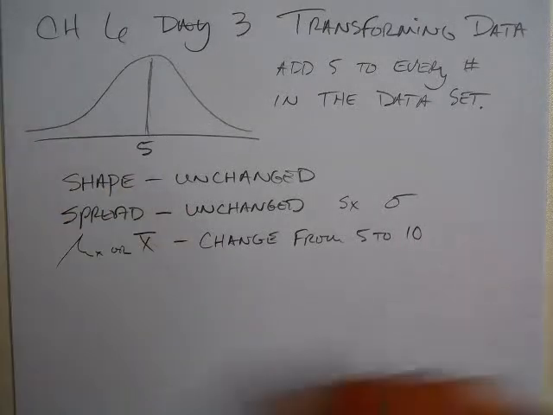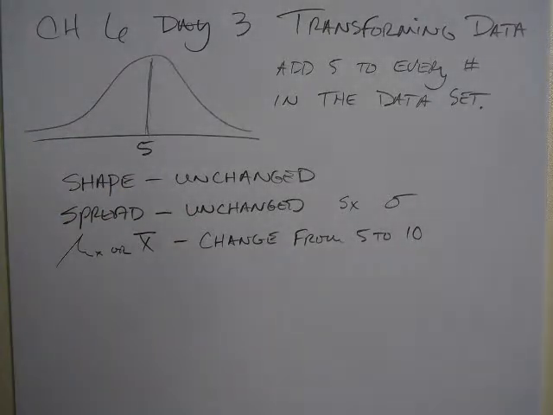What else would change? The median would change, right? Good. How about Q1 and Q3? Would those change? Yes. How about the minimum and the maximum? Yeah, they would all change by 5. If we're adding 5, everything's going to get changed by 5. But the shape and the spread are not going to change.